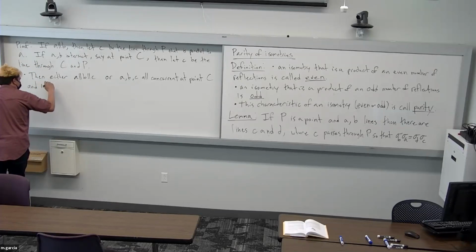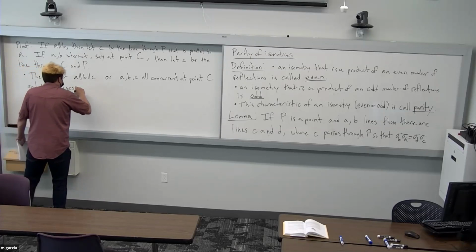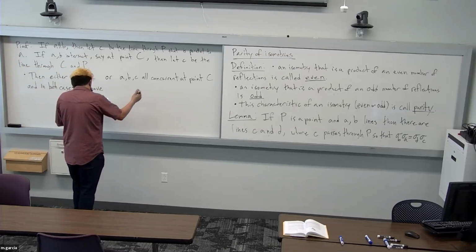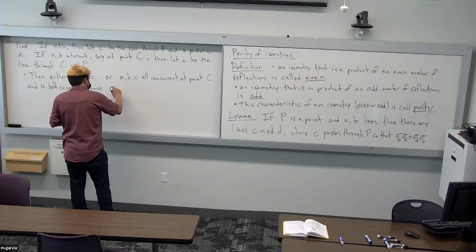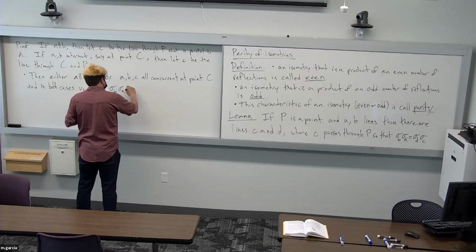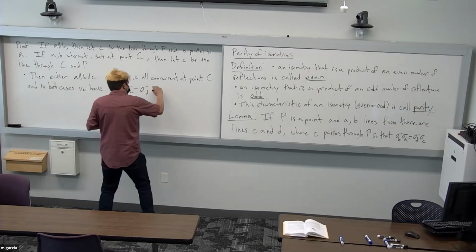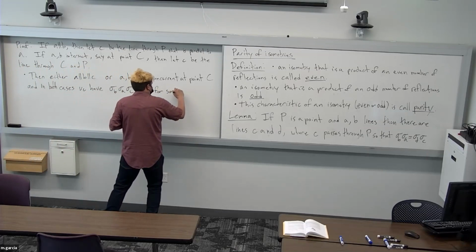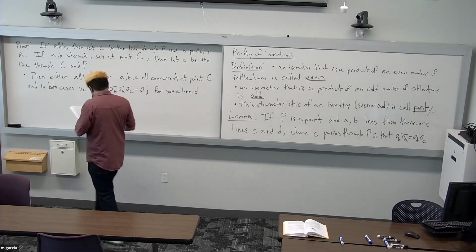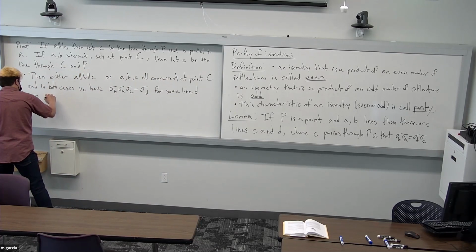And in both cases, we have that sigma B, sigma A, sigma C is equal to sigma D for some line D, which implies our desired result.